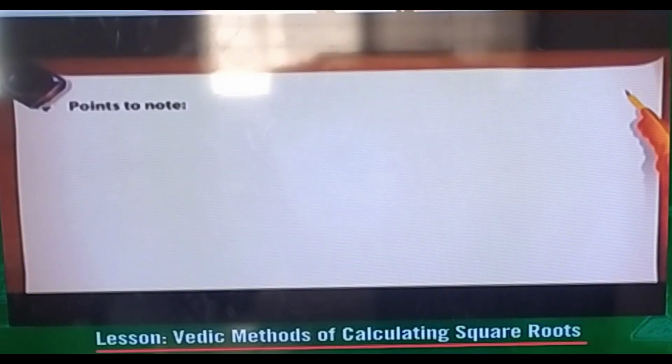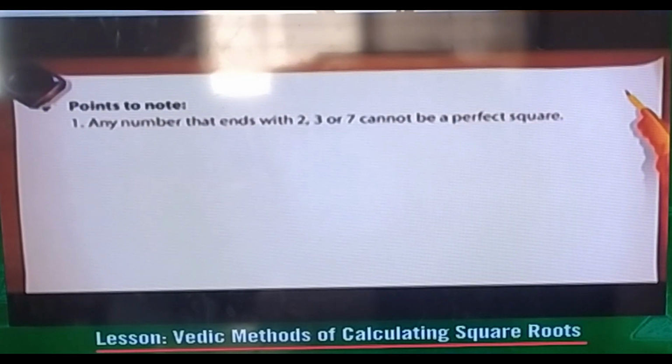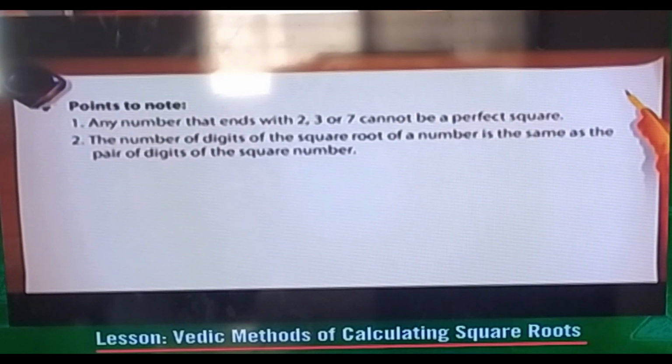Remember these 3 points. Any number that ends with 2, 3 or 7 cannot be a perfect square. The number of digits of the square root of a number is the same as the number of pairs of digits of the square number.